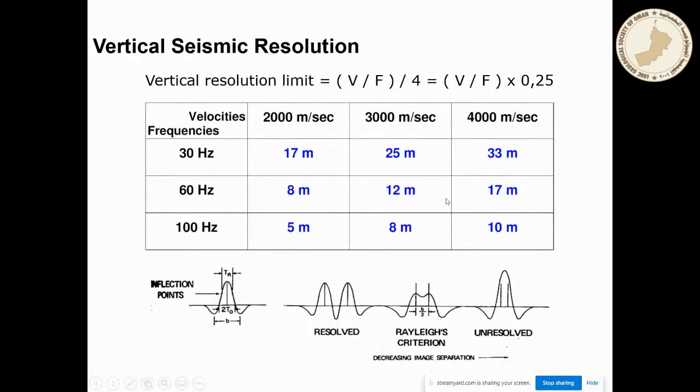You won't normally be able to reach 100 hertz frequency at the reservoir level. And for that you will also need to have good velocities in order to image the seismic data.